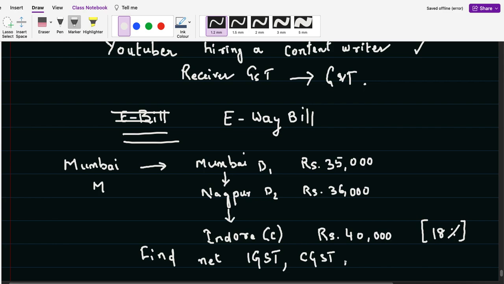How much state GST is paid by all the dealers, and the total cost for the end user after applying everything, that is 40,000 plus 18% of GST, what will be the final price? All these things are to be found out. Is this problem clear to you guys?